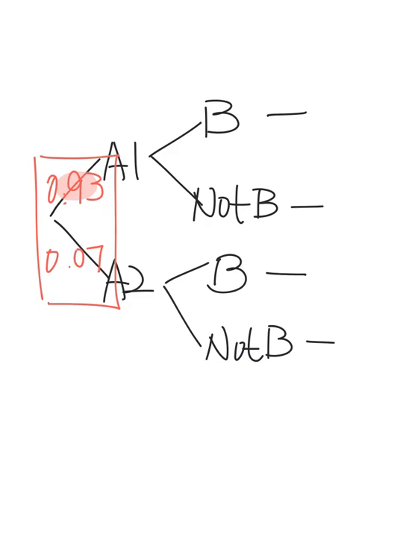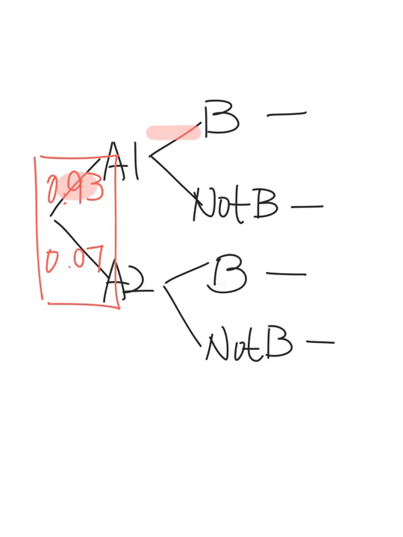Can you tell me this one? Which is the conditional probability of B given A1. How much was that? B given A1. Smoking among the non-patients. It was given 0.253.